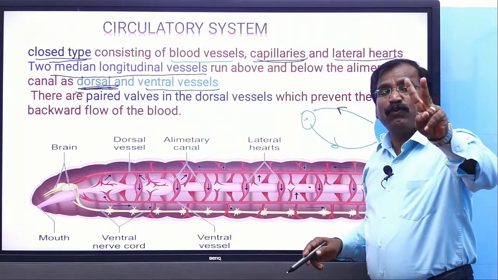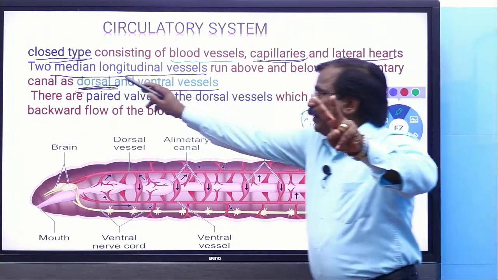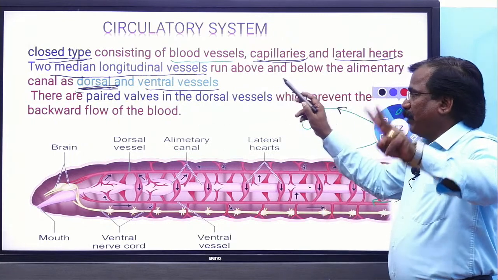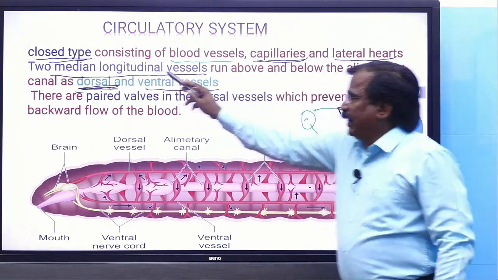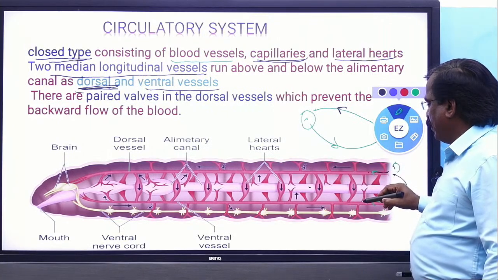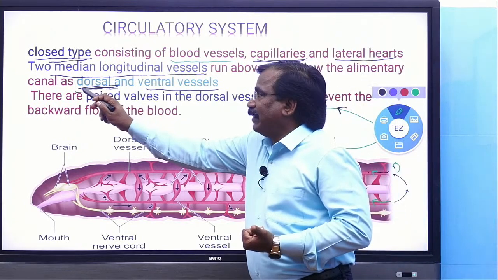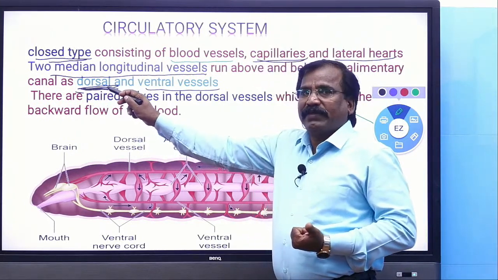First, there are two median longitudinal vessels. One runs above the alimentary canal, called the dorsal vessel.